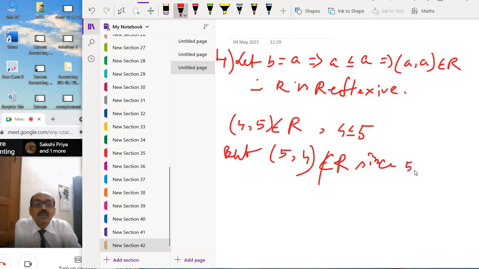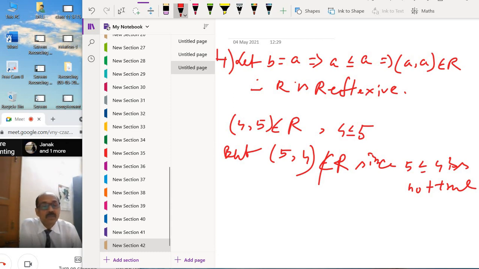We know 5 is greater than 4; it is not possible that 5 is less than 4. So (4, 5) belongs to R, but (5, 4) does not belong to R. So we can say R is not symmetric.